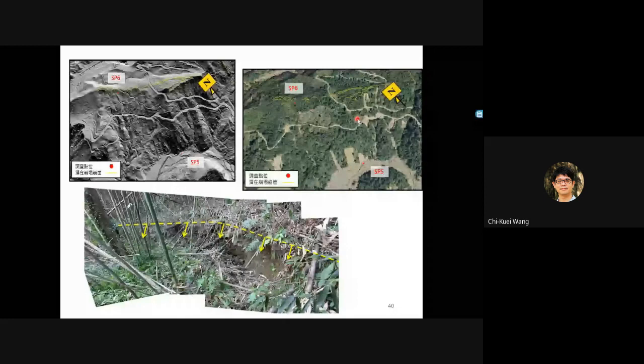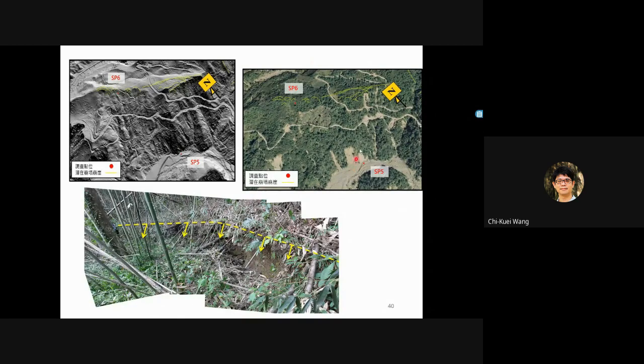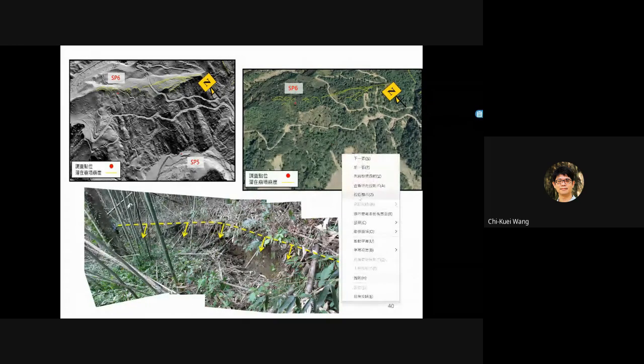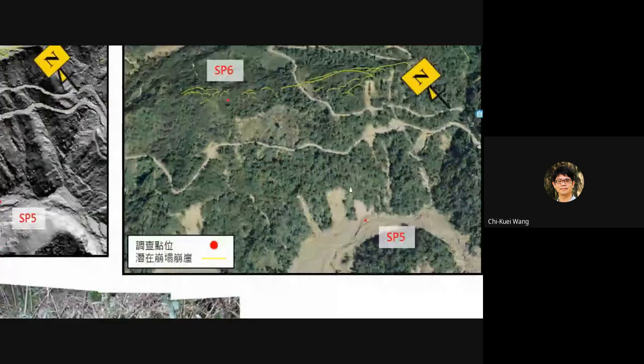With good LiDAR data, you can have good results, such as this one. On the right-hand side, this is our typical hilly terrain in Taiwan. Let me zoom in. Here's a river, an upstream river.